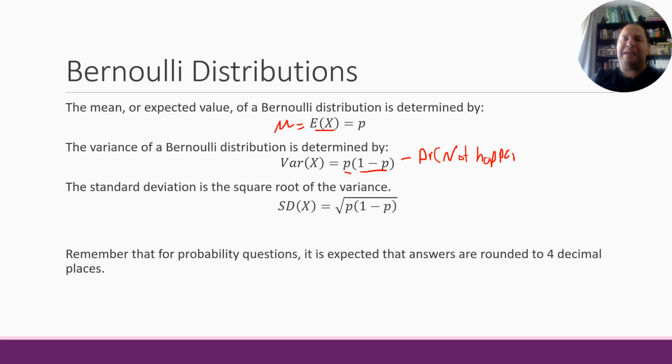If p is the probability of the event happening, 1 take p is the probability of it not happening. And that means the standard deviation, which is the square root of variance, is going to be the square root of p(1 minus p). For probability questions, please remember that all answers are expected to be rounded to 4 decimal places.